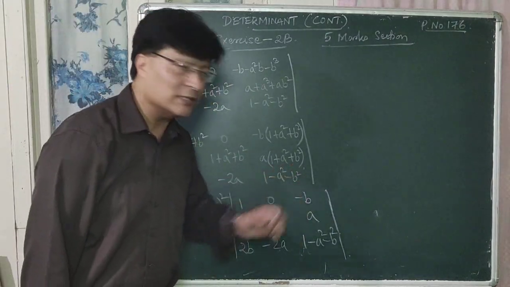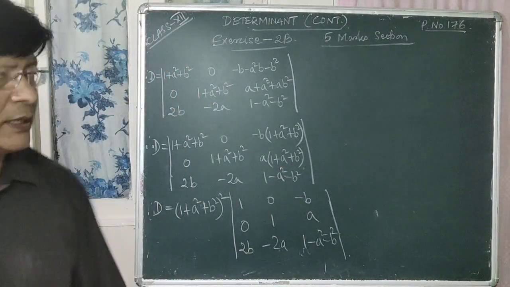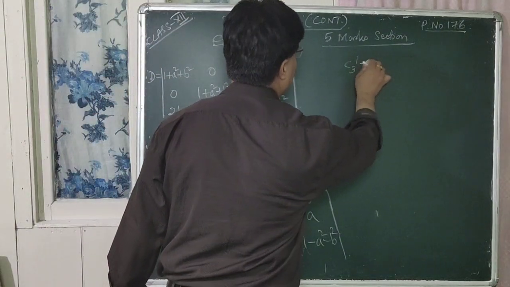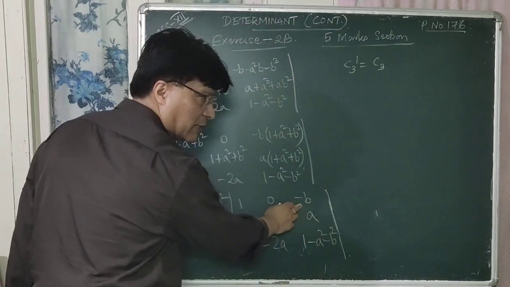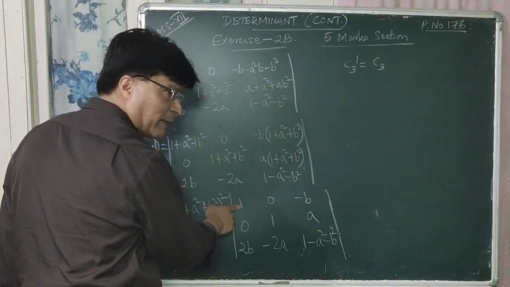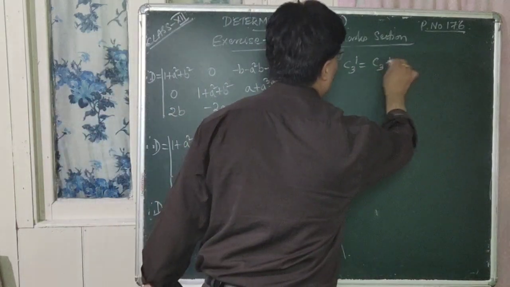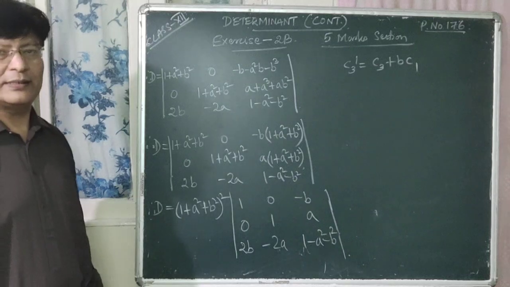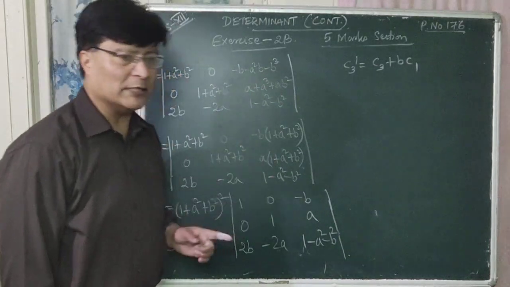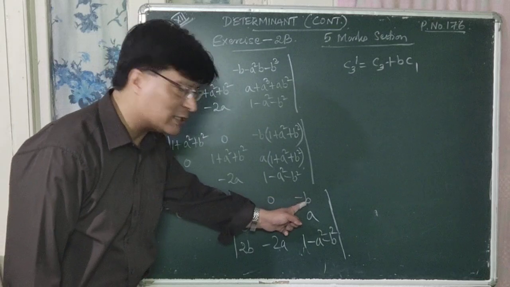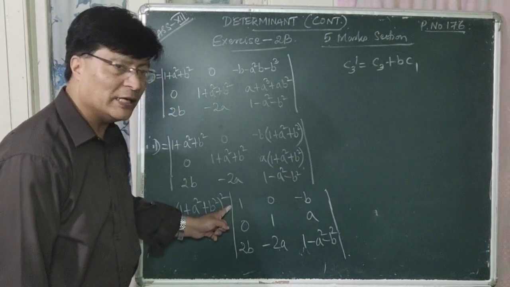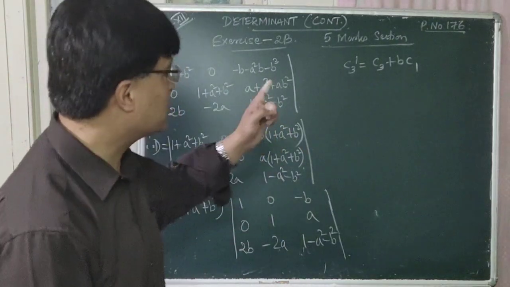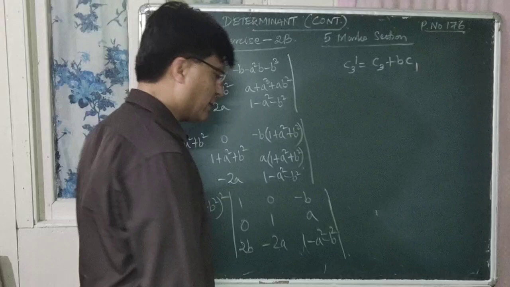That means column 3 is changing. How does it change? C3 dash is equal to C3 plus bC1. C3 means minus b plus b into 1, so minus b plus b will be equal to 0. Okay? So let's use this property.